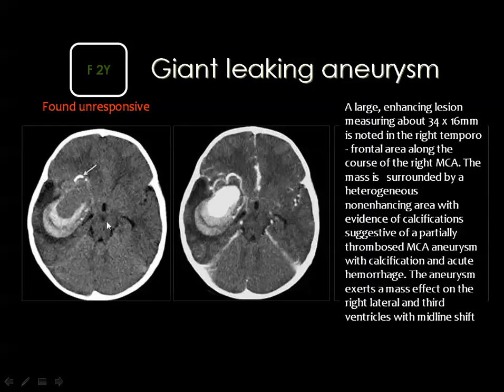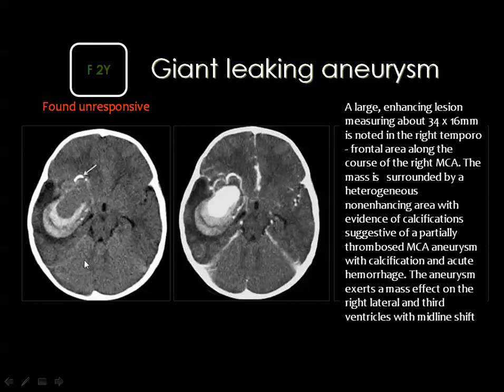And here you can see in the pre-contrast scan some calcium in the wall of the aneurysm, and also hyperdensities representing recent blood in the area of the aneurysm, and outside the aneurysm you can see some hypodensity, which represents the brain edema.